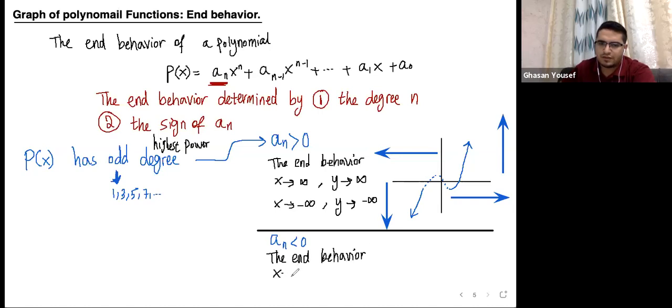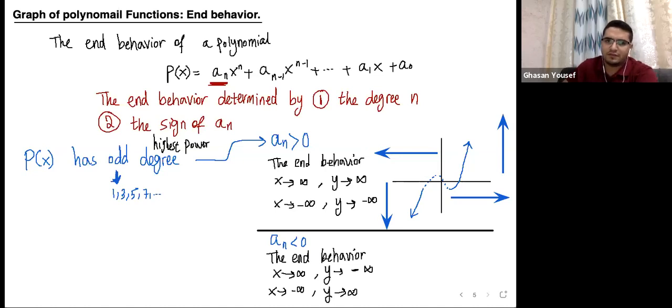When x goes to infinity, the y, and when x goes to minus infinity. So we have two cases: x goes to infinity and x goes to minus infinity. When x goes to infinity, y goes to minus infinity. When x goes to minus infinity, y goes to positive infinity.